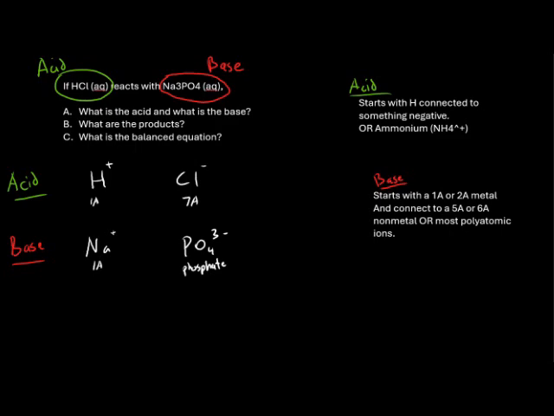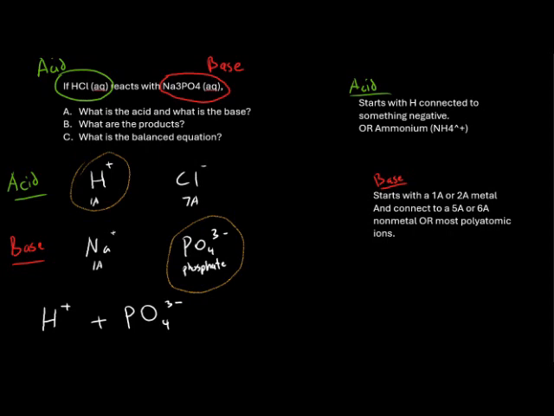Now what we'll do is combine the H plus from the acid, that's the positive piece, with the negative piece that came from the base, that's PO4 3 negative. We'll write down that we're going to combine those pieces down at the bottom. And now we'll think about the charges.